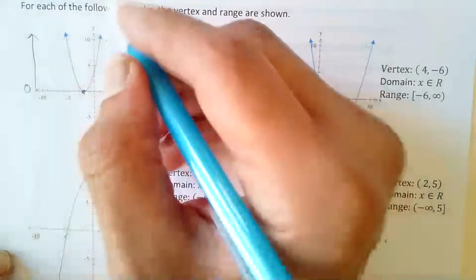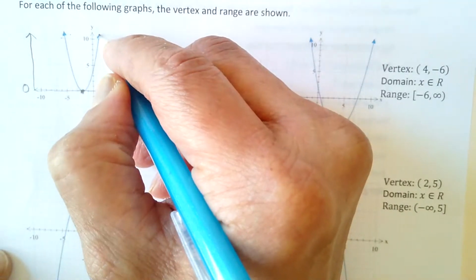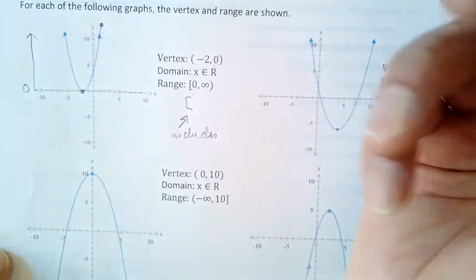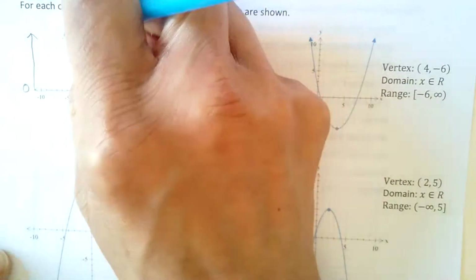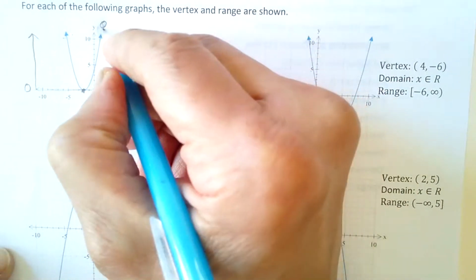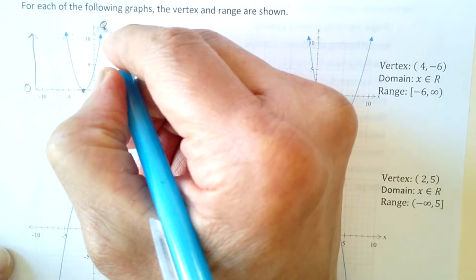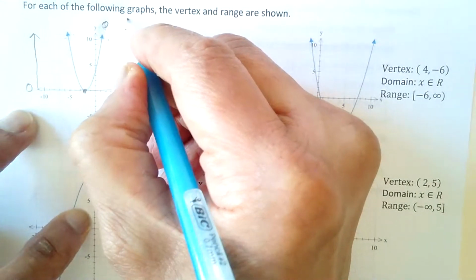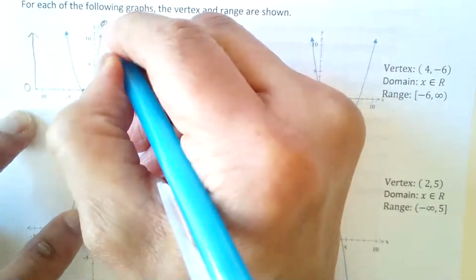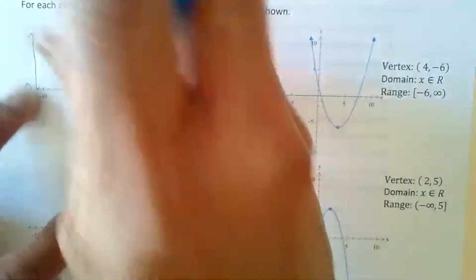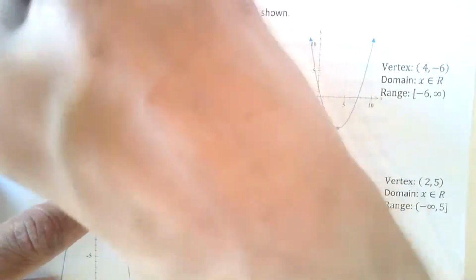If there's no arrowhead, in other words, if the graph stops like that, and there's a shaded circle, it means it touches it. Now you'll see later on, if you have an open circle, it means it ends there but doesn't touch that number. So in that case, we write a curved bracket like that. If it touches it, it's a square bracket. So we'll look at this later on.